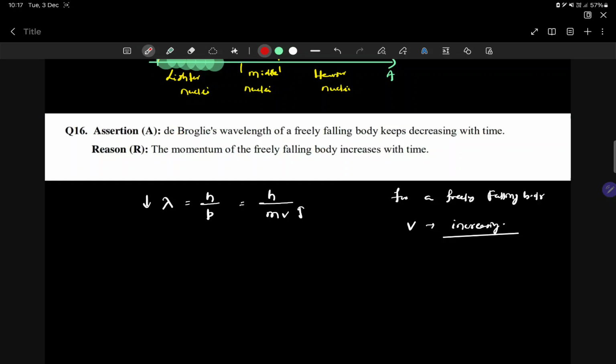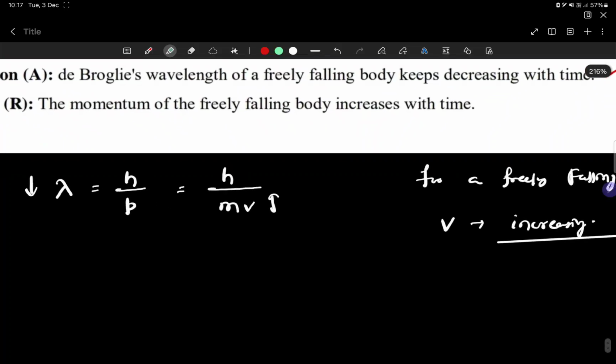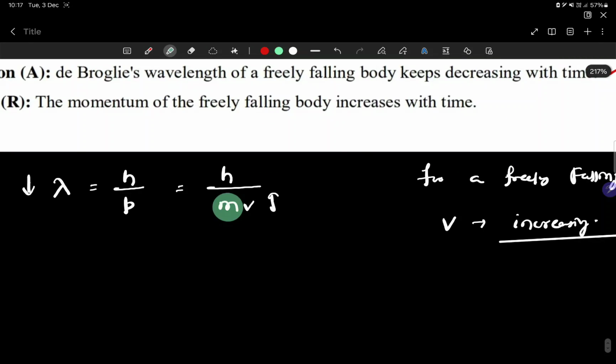So it is written de Broglie wavelength of a freely falling body keeps decreasing with time. Yes, this is true. And in the reason it is written the momentum of the freely falling body increases with time. Obviously, it does. Mass is a constant quantity, but velocity increases continuously.